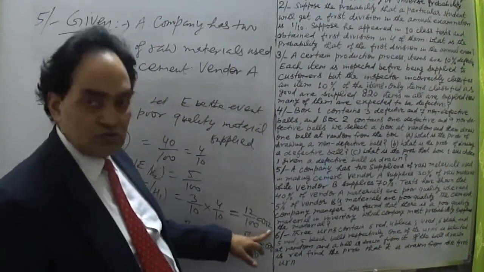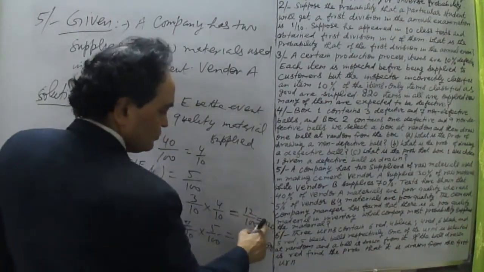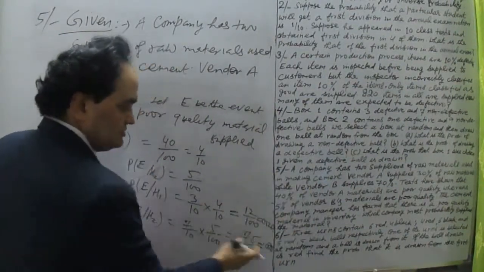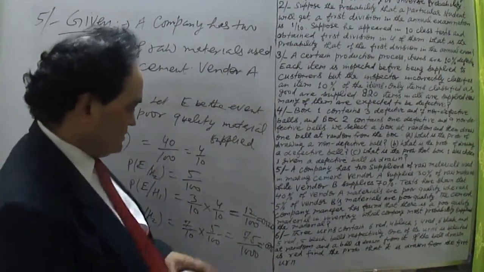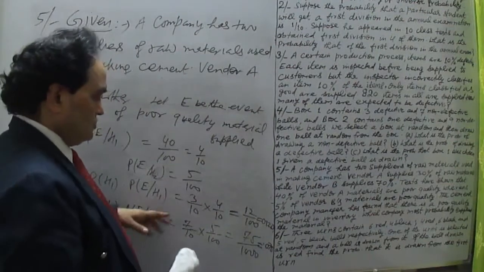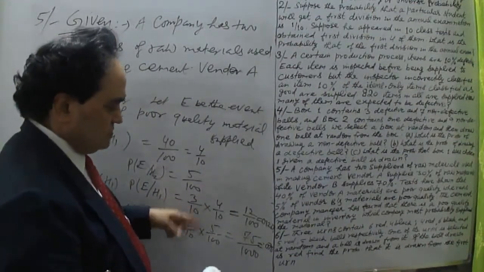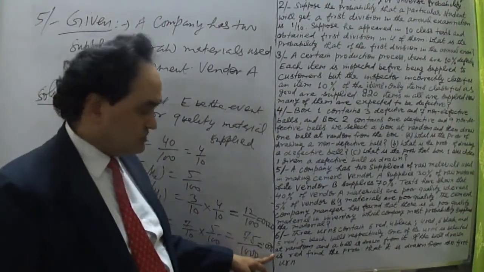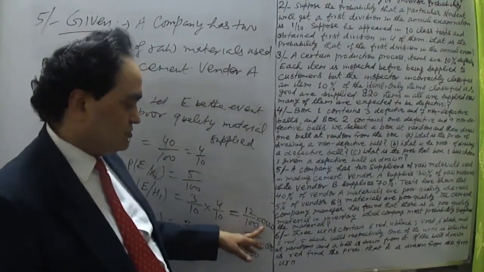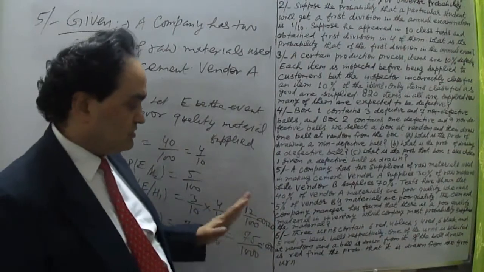This is 0.120, so this is the poor supplier here, because 0.120 is more than 0.075. So vendor A has supplied more poor quality material. We have just compared these two events. This is only 0.075, and this is 0.120.